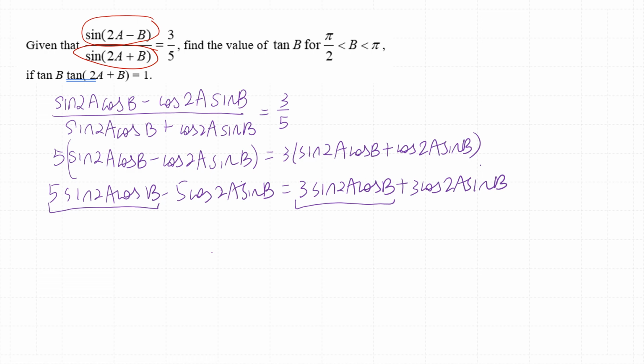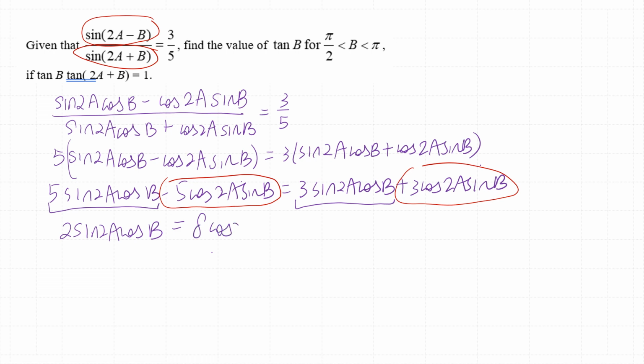Right, so I put them together on the left hand side. That will give me 2 sine 2a cos b. And this term here is similar in nature to this. Right, so I put them together on the right hand side. That will give me 8 cos 2a sine b.